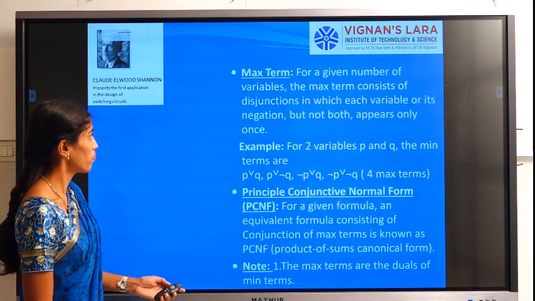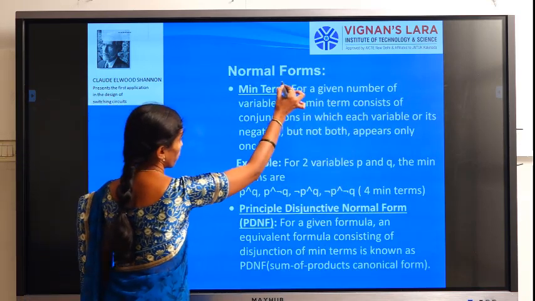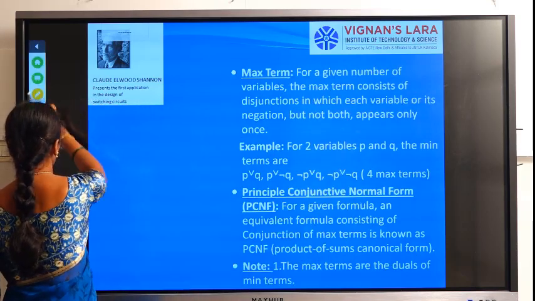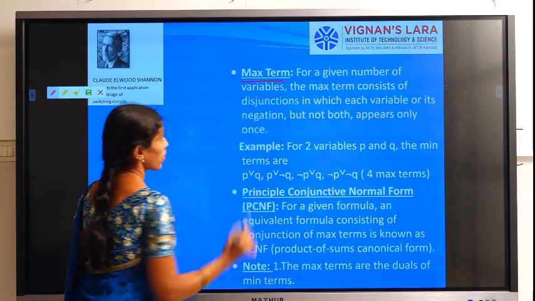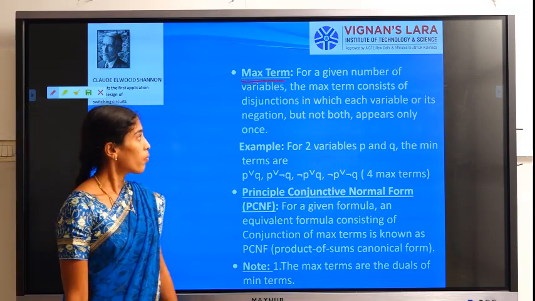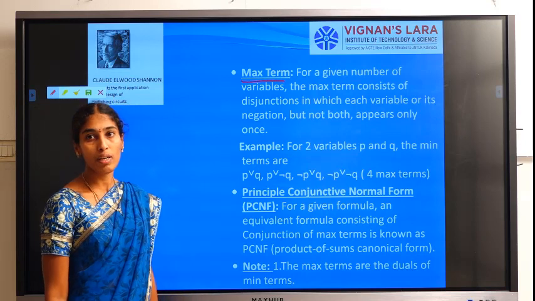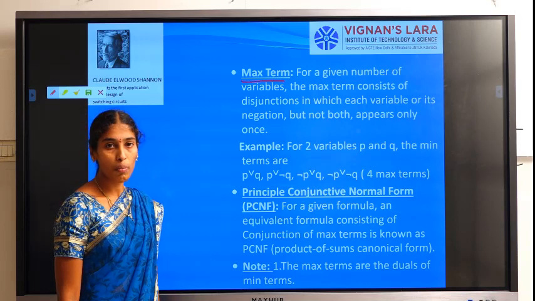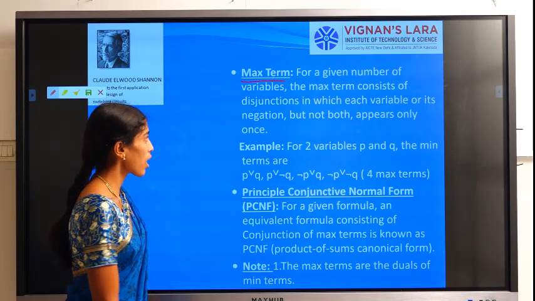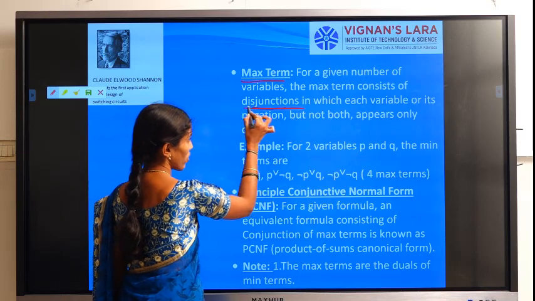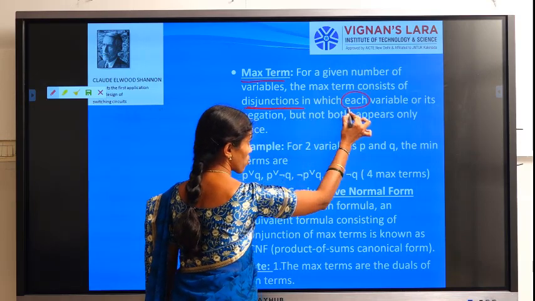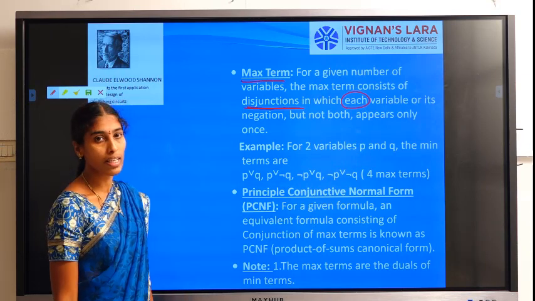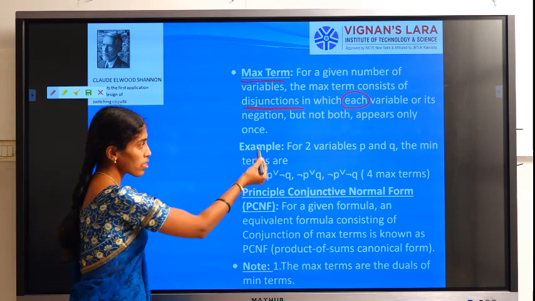Next, max term. For a given number of variables, the max term consists of disjunctions in which each variable or its negation, but not both, appears only once.